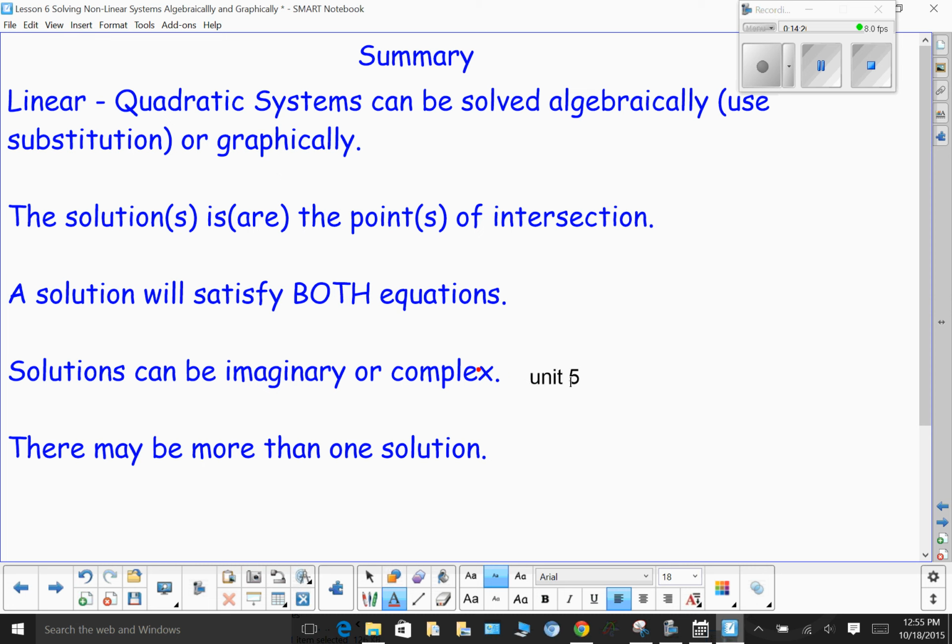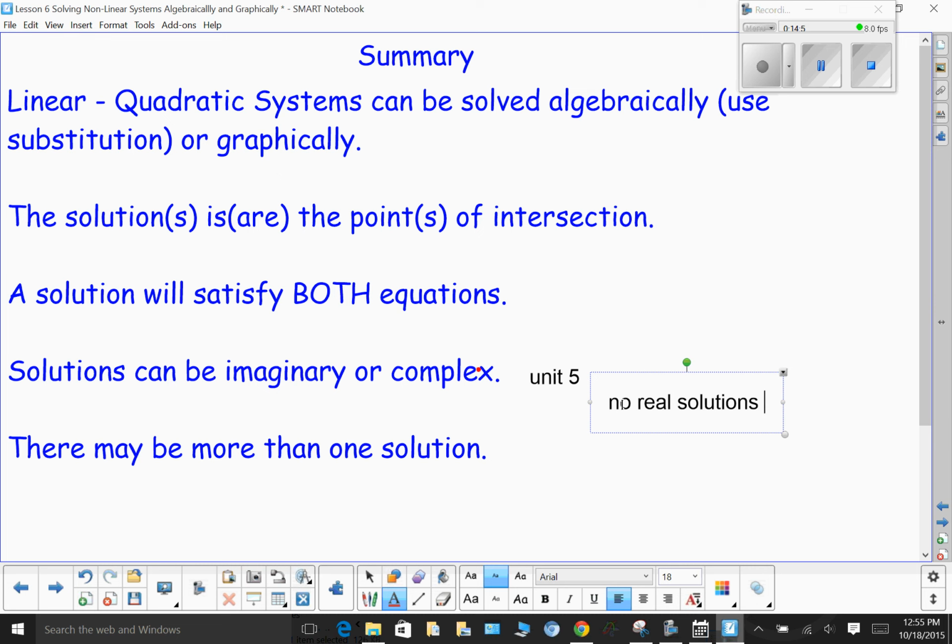Unit 5 is when we wind up doing imaginary and complex solutions. At this point, the only thing that you're going to say is there are no real solutions, just like we've said when you've been doing the discriminant. If the discriminant, the value underneath the radical, is negative, then there are no real solutions. They are imaginary or complex.